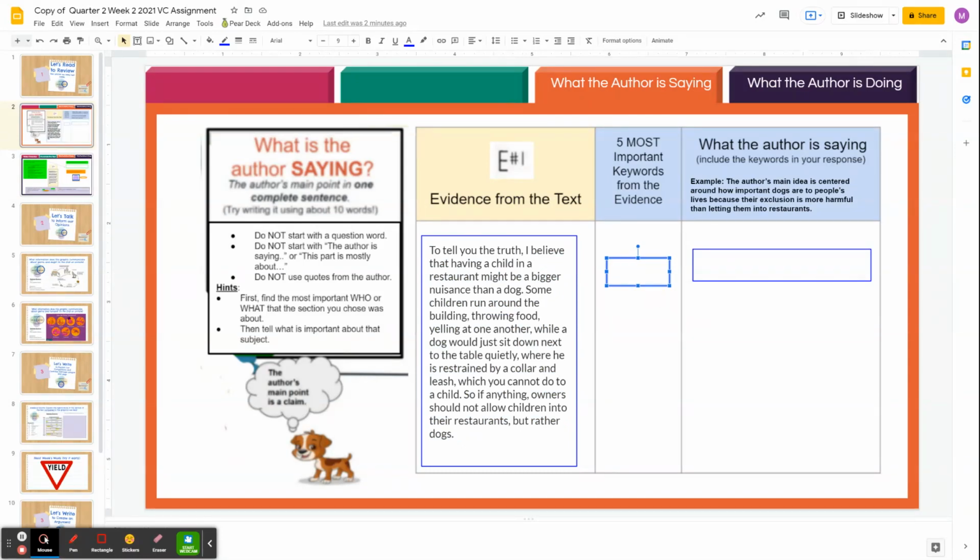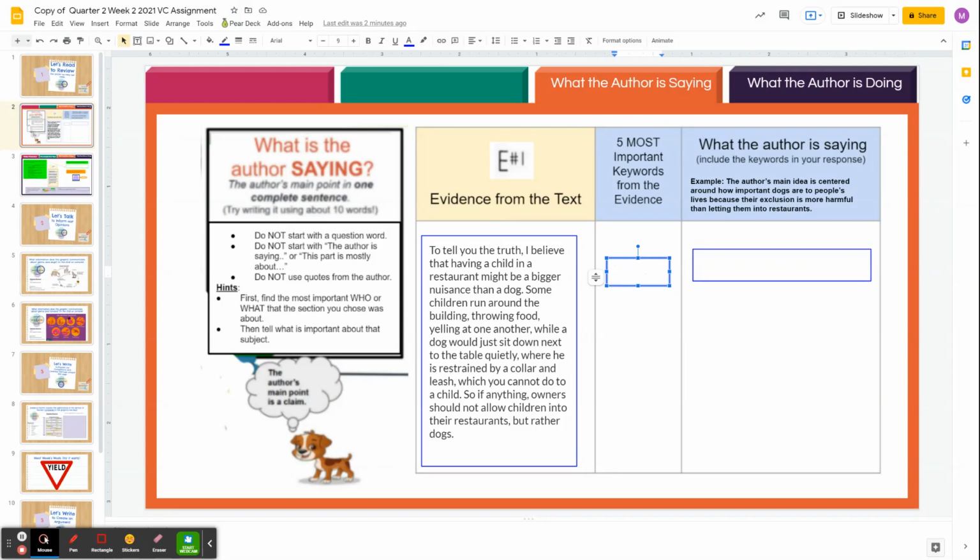So what you'll be doing is that you'll read through this excerpt of text from the article that we read last week, and then identify 5 different keywords from that chunk of text that are the most important.